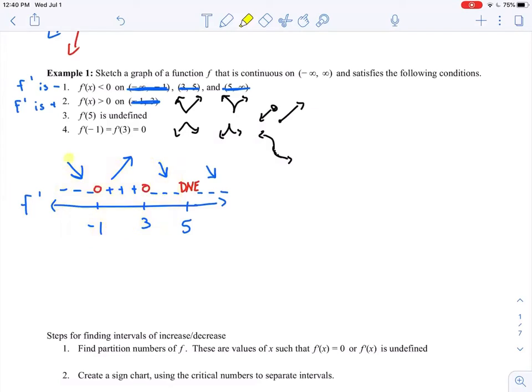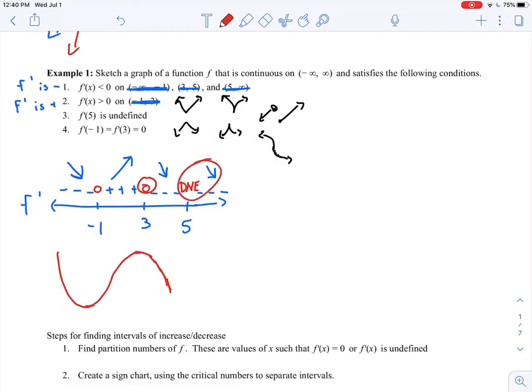So if I were to draw it out right below here, my function is decreasing, so it's going down. I have a horizontal tangent line, so it needs to kind of level out there for a second. And then after that, it switches to increasing. So now my function is increasing. I see I have a horizontal tangent line again at 3, so I should be leveling out. And then after that, my function is going to be decreasing.